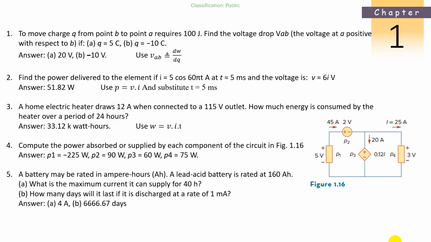You have to multiply 160 ampere hour by 60 into 60 to get seconds, then divide by 24. Then you will get 666.67 days. Days we need. So this is how we have to do this one.